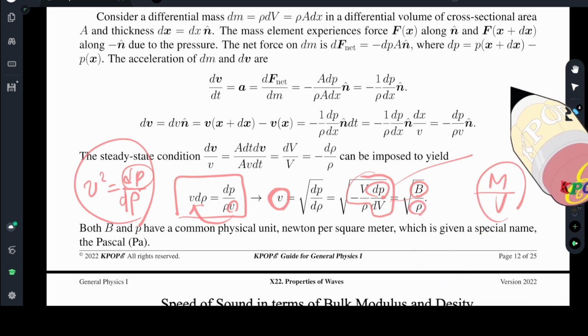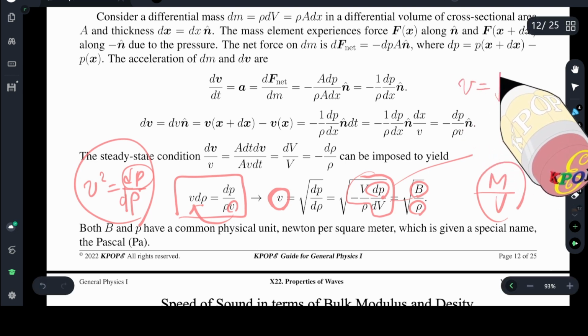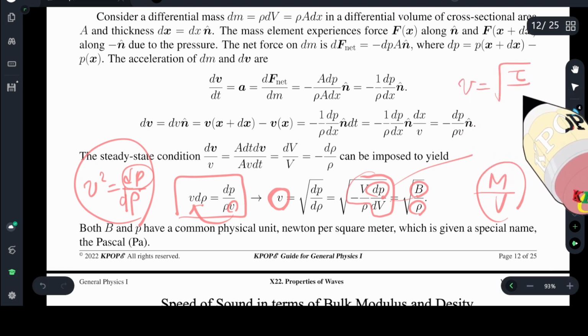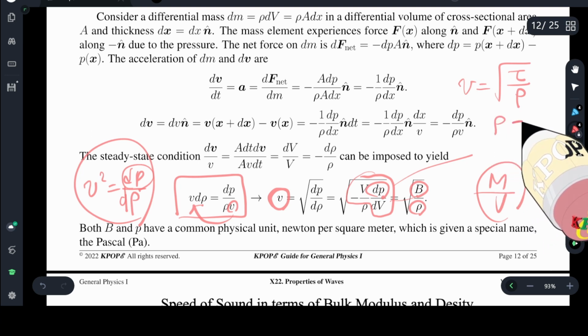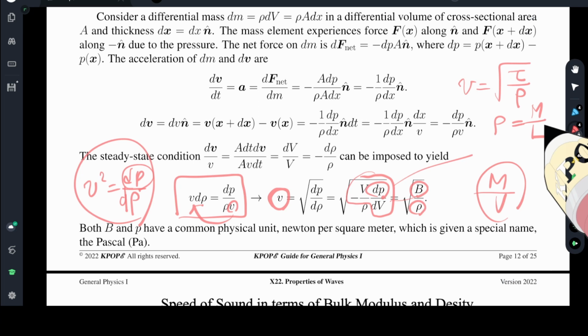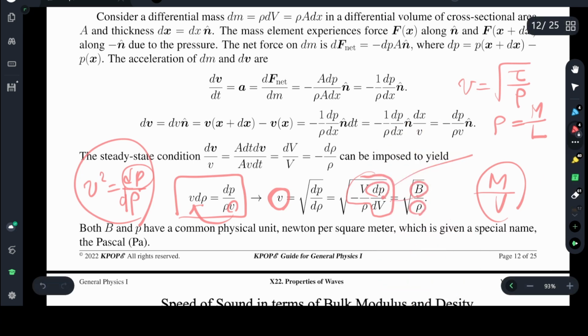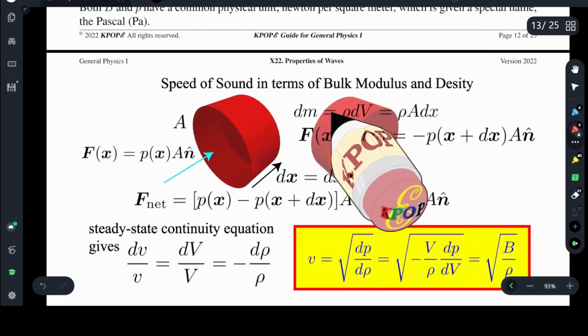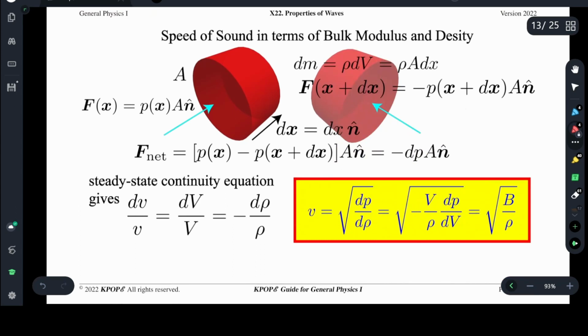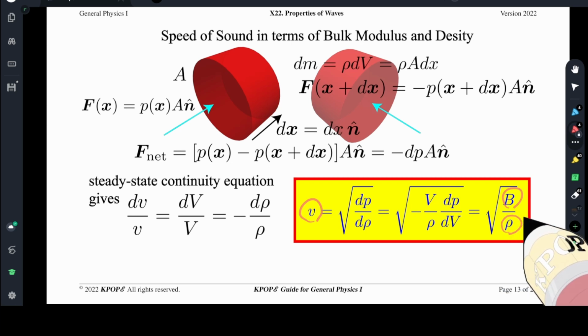In the case of string vibration, we had tension over rho, and this rho is the mass density per unit length. In summary, the speed of sound is the square root of bulk modulus divided by the density, the volume mass density.